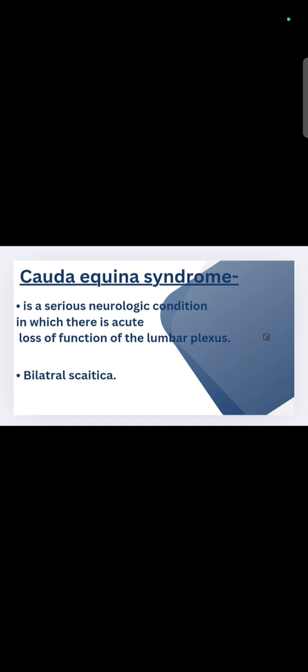It means generally the sciatica is felt in only one of the lower extremities, but whenever there is involvement of both lower extremities, it is a sign of cauda equina syndrome. It is generally a bilateral sciatica.